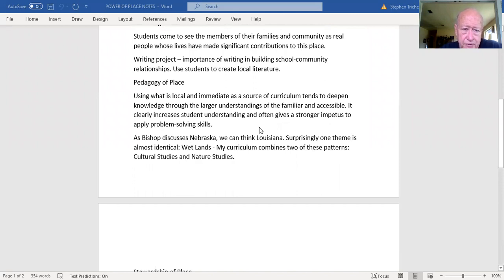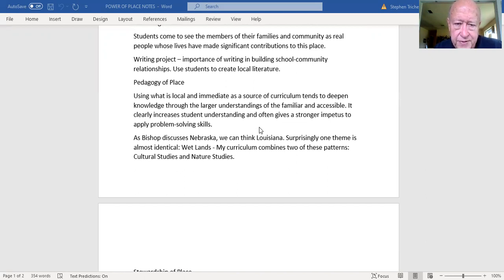I think using what is local and immediate as a source of curriculum tends to deepen knowledge through the larger understanding of the familiar and what is familiar and accessible. And it puts into action Aristotle's adage that all knowledge moves from what is known to what is unknown.